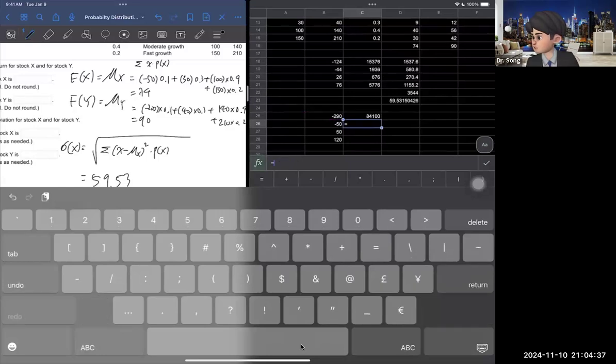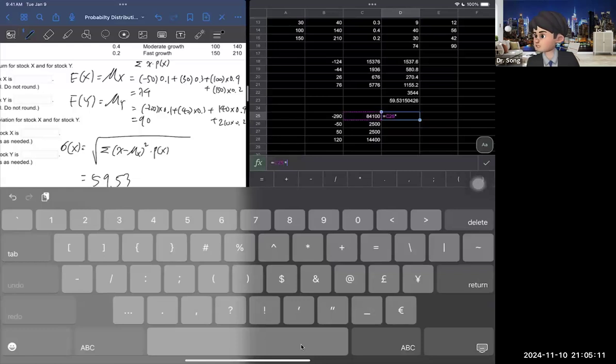and then 50 squared, sorry, 50 squared is 2500. And then the last one is 120 squared, that I got 14400. All right. And then the next step is I multiply by the probability.